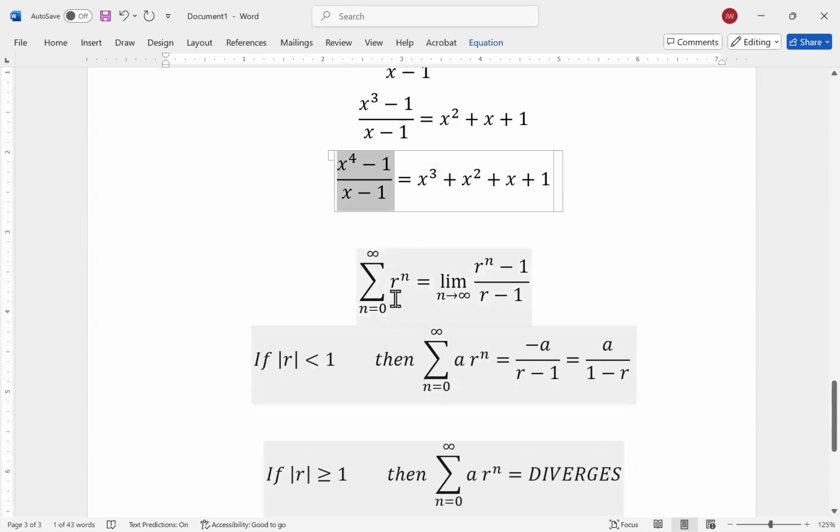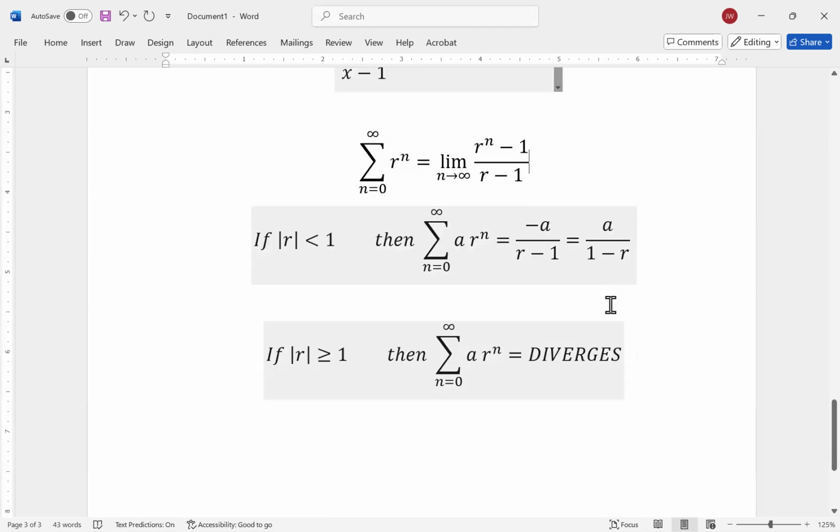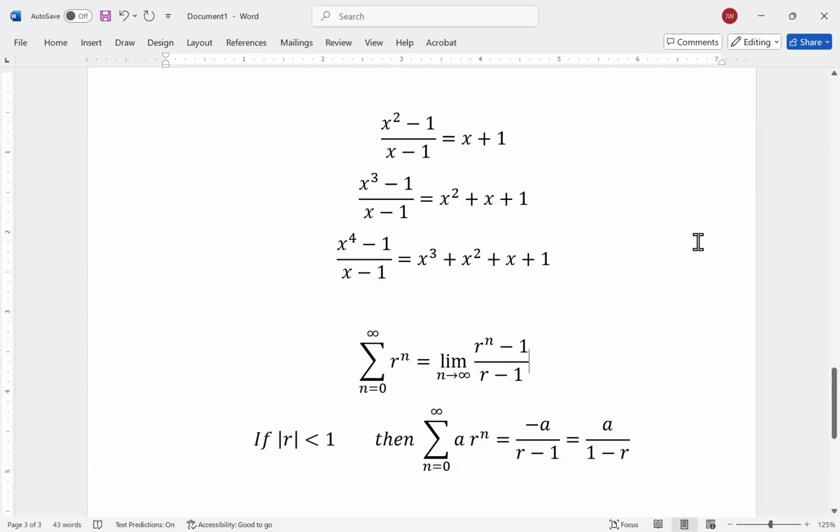So when you sum up from n equals 0 to infinity, you can write it as the limit of that fraction. And then r to the n is either going to go away if r is less than 1, or it's going to go off to infinity if r is greater than 1. So that's where the geometric series rule comes from.